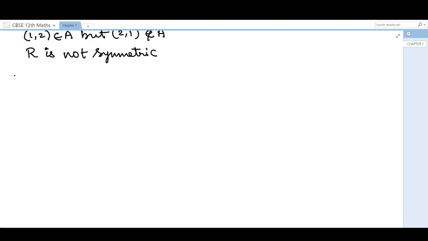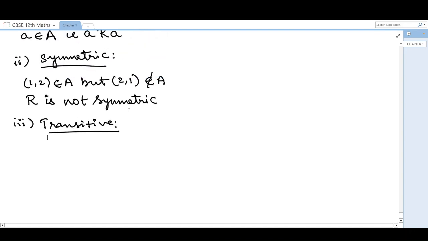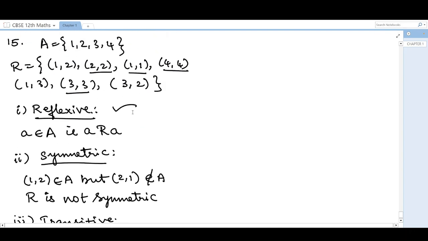Third one, transitive. So if you take three elements, say a, b, c, such that a related to b, b related to c, then a should be related to c. So if we consider (1, 3) and (3, 2), we should have (1, 2). We have (1, 2). Similarly, if we consider (1, 1), (1, 2), we should have (1, 2).